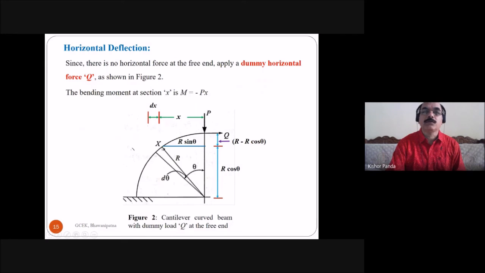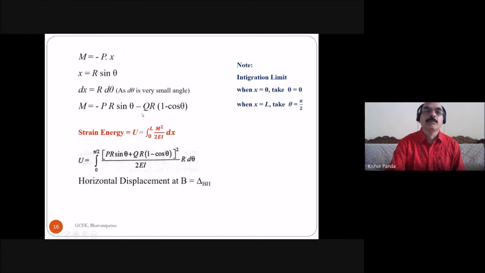Due to the force Q, with this perpendicular distance, the moment is minus Q into R minus R cos theta.